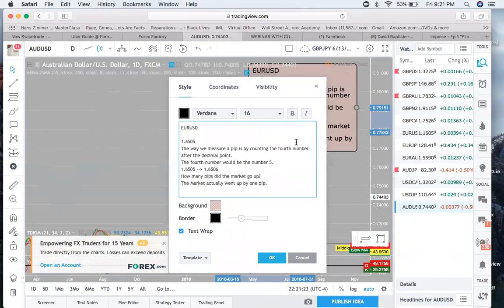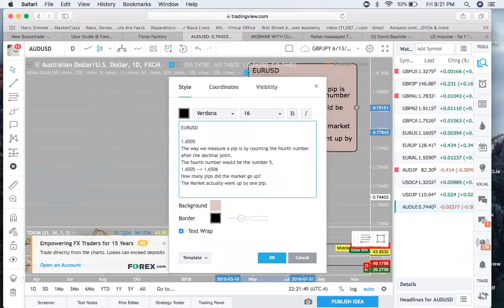Okay? So the way we measure the pip, we measure the pip by the fourth number. Depending on how many pips the market goes up or down, we take the difference between the original number that you enter the market at and the number when you're exiting the market as well.